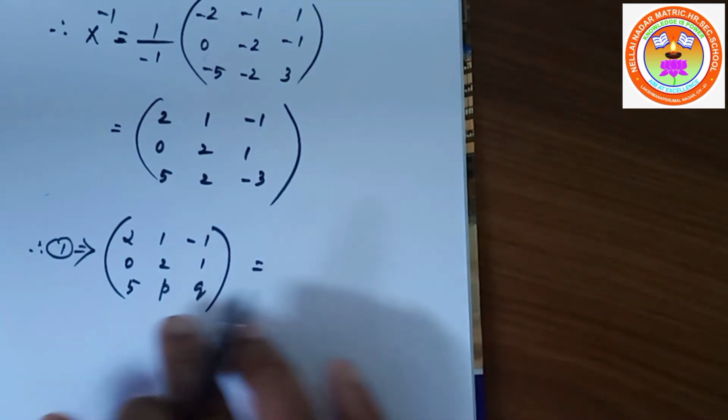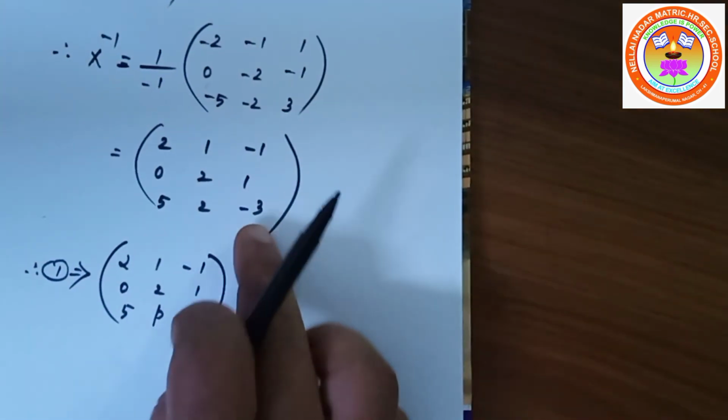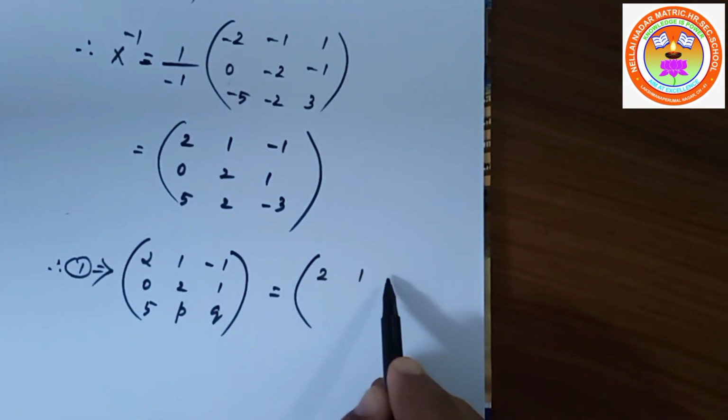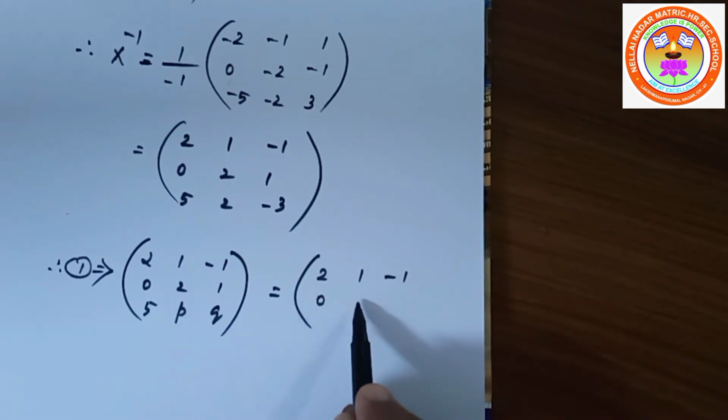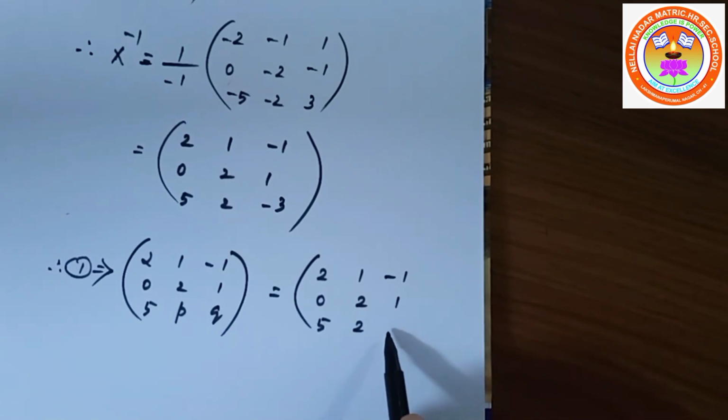That is equal to, Y equal to X inverse given, X inverse here it is. This is X inverse: 2, 1, minus 1; 0, 2, 1; 5, 2, minus 3.